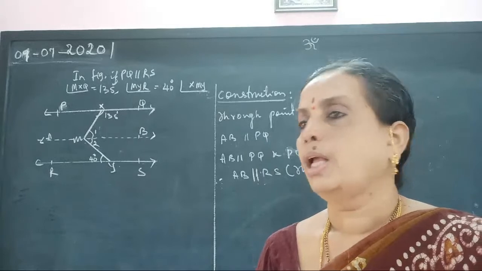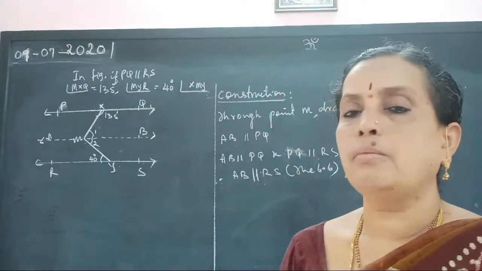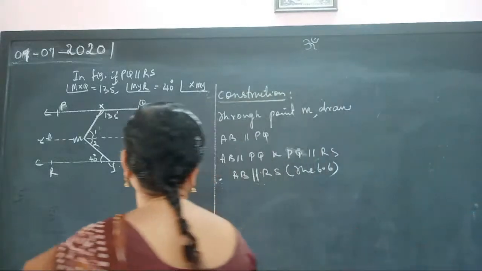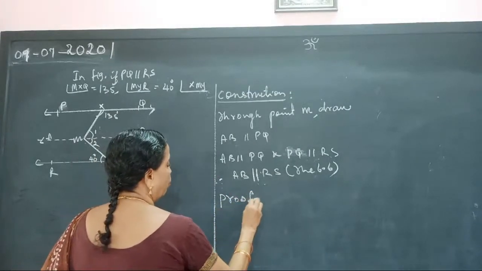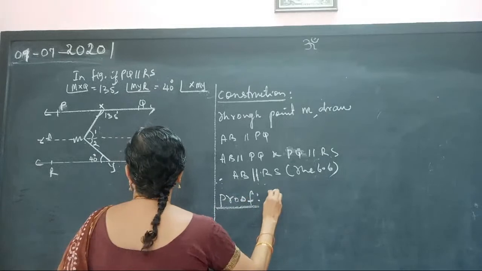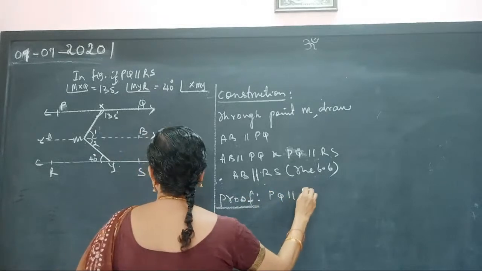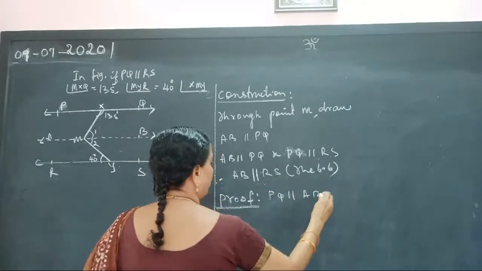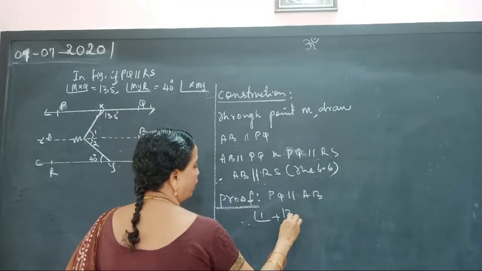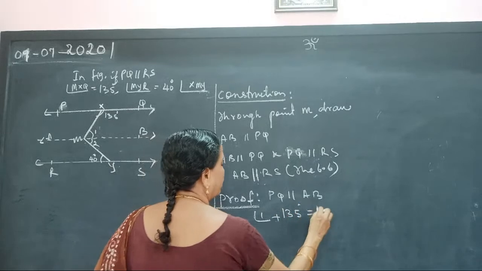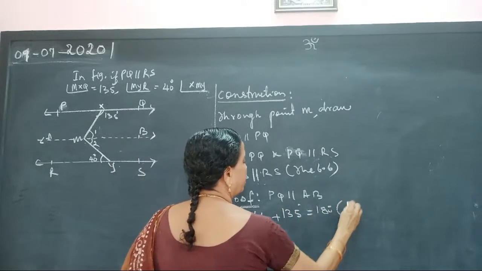Okay. Next, we do the proof of this problem. Proof. PQ is parallel to AB. Therefore, angle 1 plus 135 degree equals 180 degree.